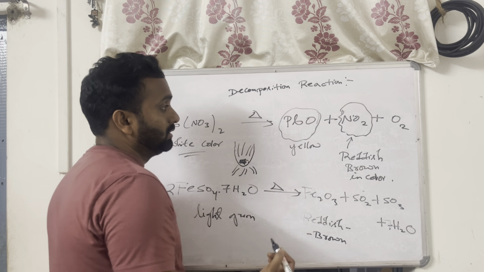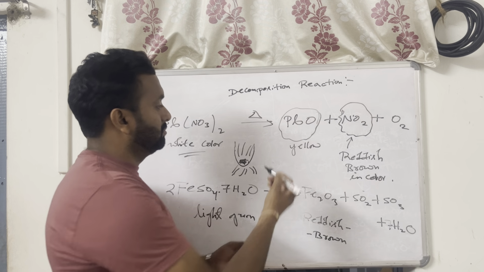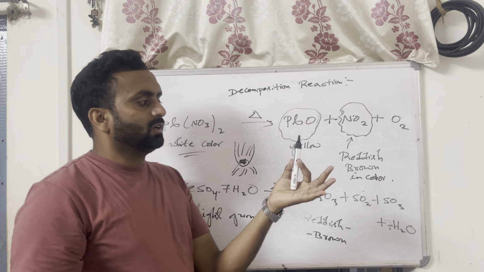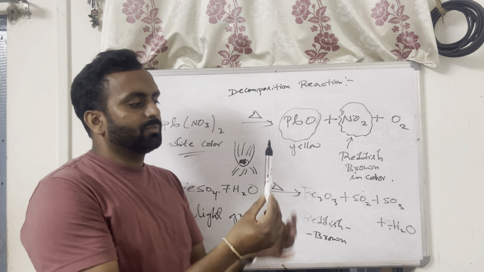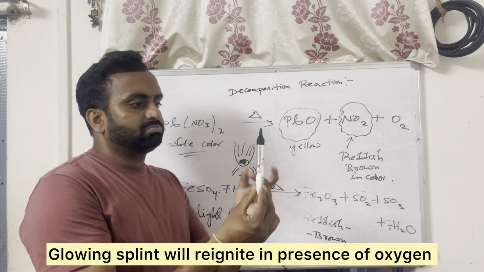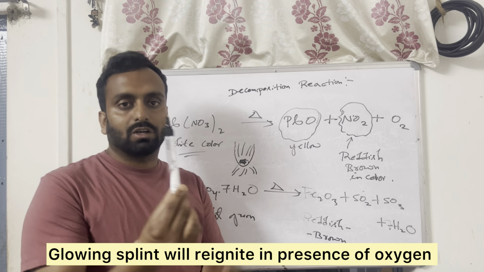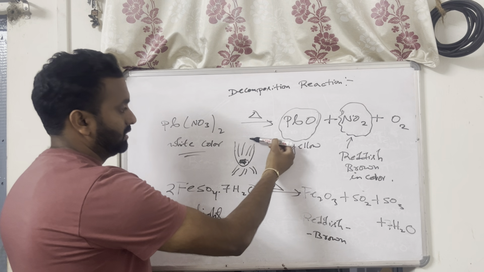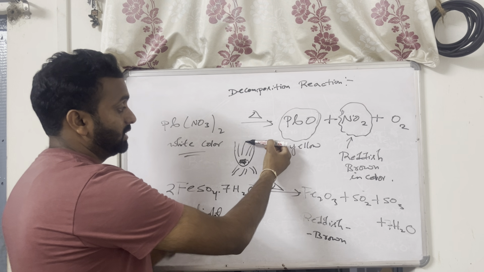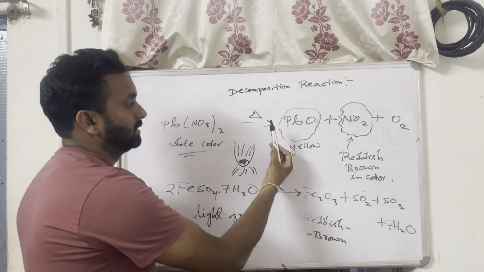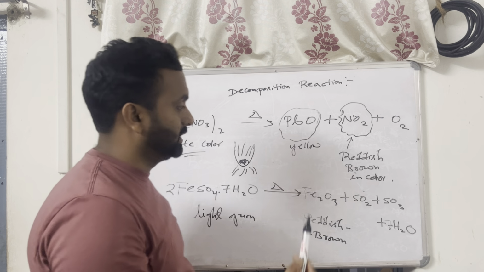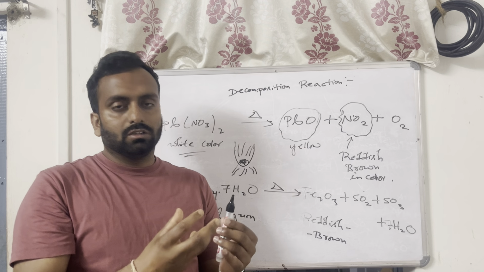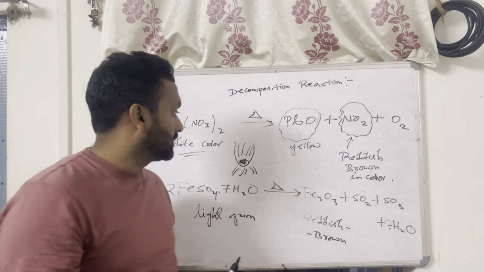It's not visible. So if we bring a glowing splint, a smouldering piece of wood, near that gas, it will ignite.